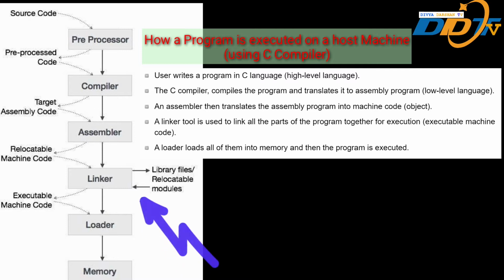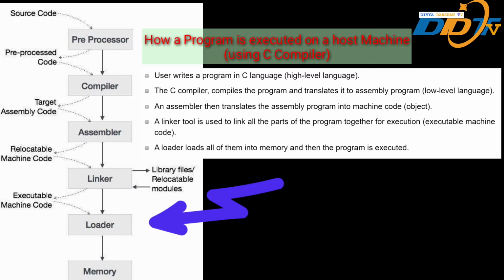A linker tool is used to link all the parts of the program together for execution. After that, a loader loads all of them into memory and then the program is executed.